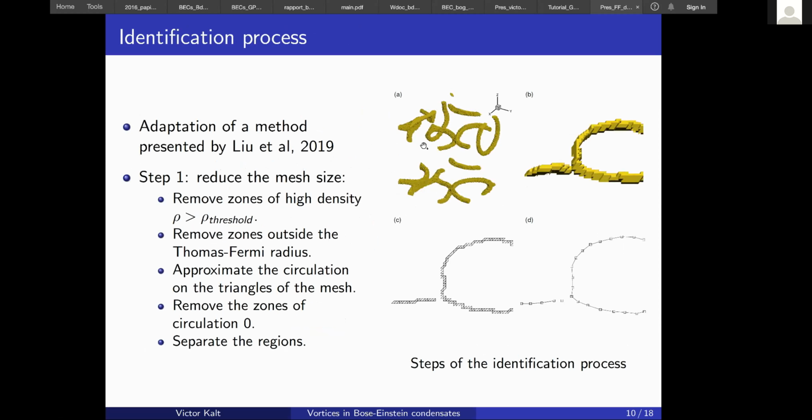No, we define subdomains by the connection on the mesh. This is the total mesh in figure A, and some parts of it are not connected. We see that this part is connected, and the number of subdomains are colored here.